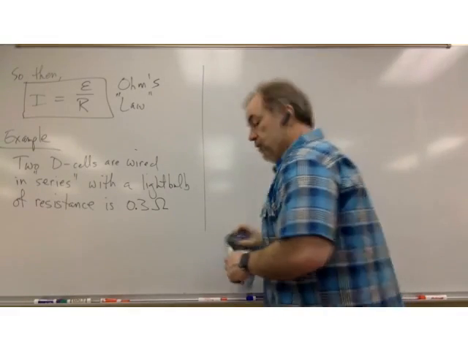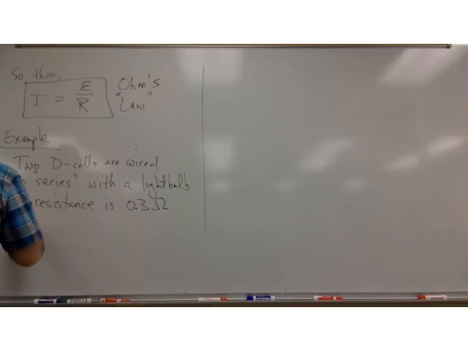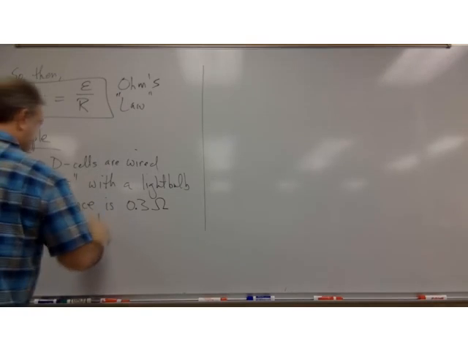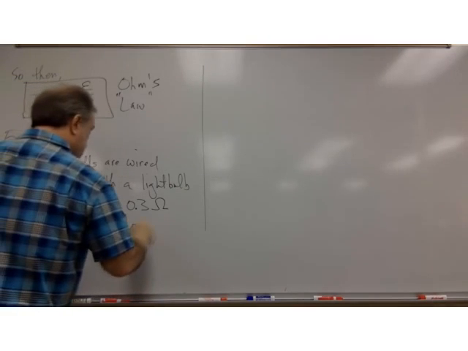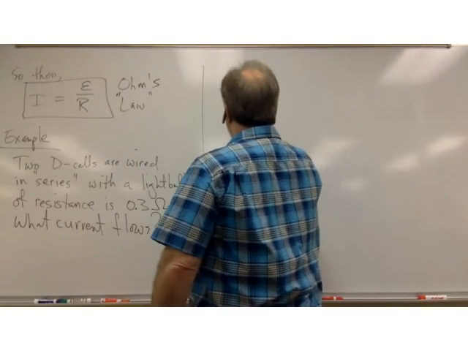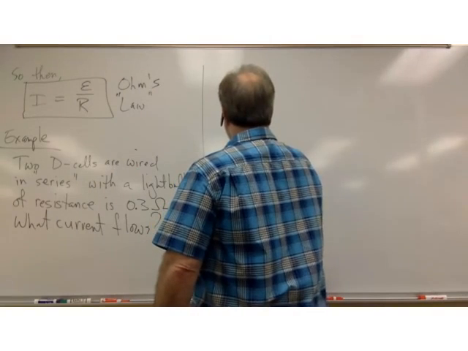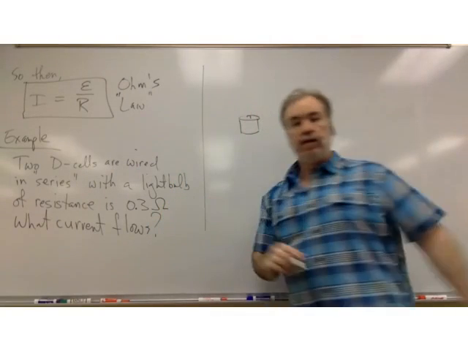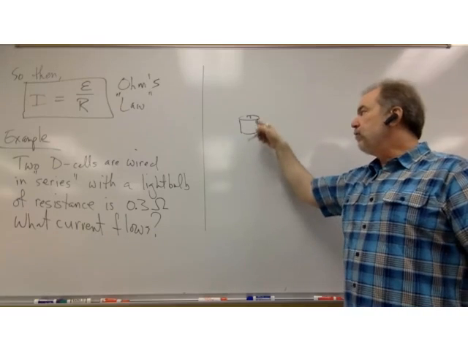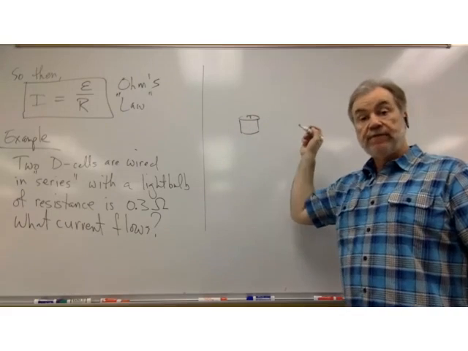So then, of course, the question is what current flows. Normally I don't draw them like this, but I will here. So there's a D-cell battery, which for a single battery has a 1.5 volt difference of EMF.